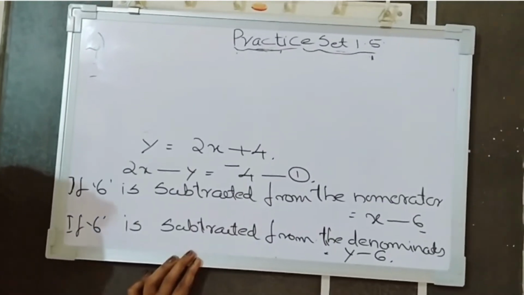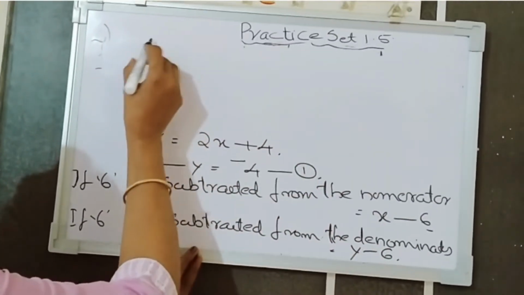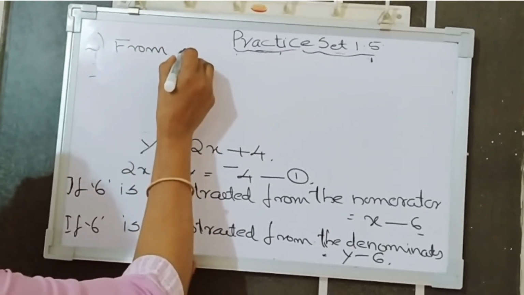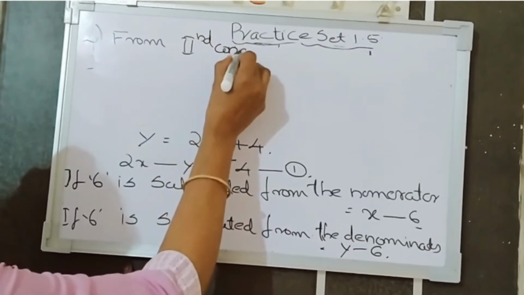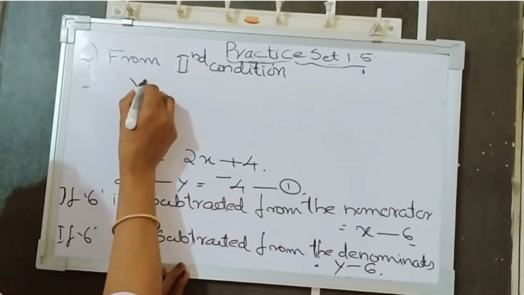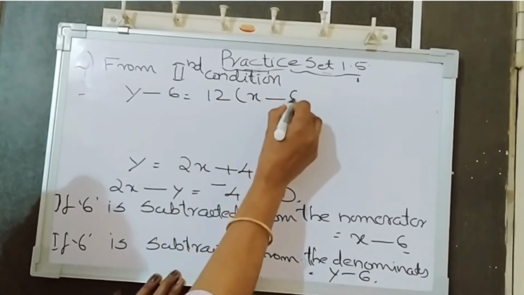From the second condition, 12 times the denominator is equal to 12 times the numerator. Therefore, the denominator of the fraction is 12 times the numerator.